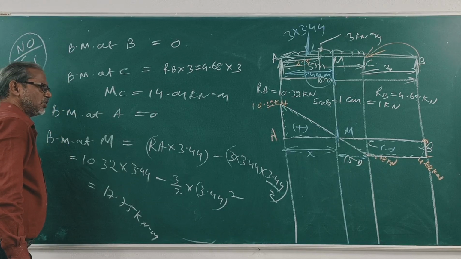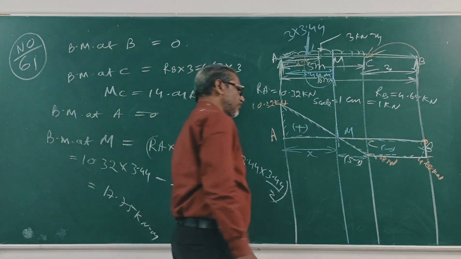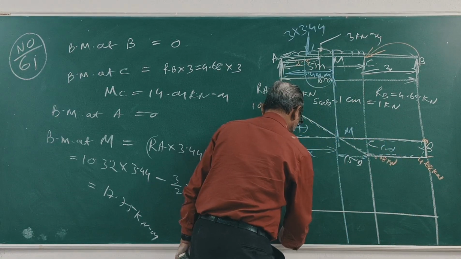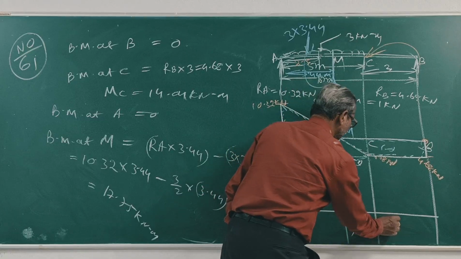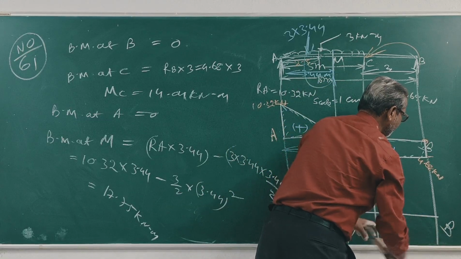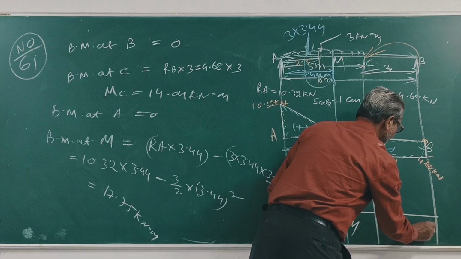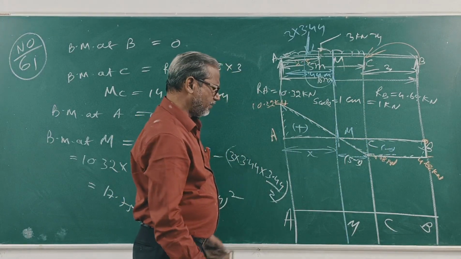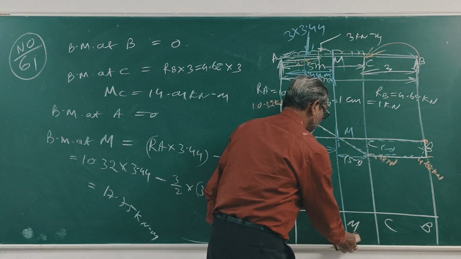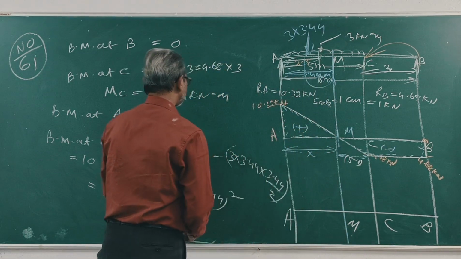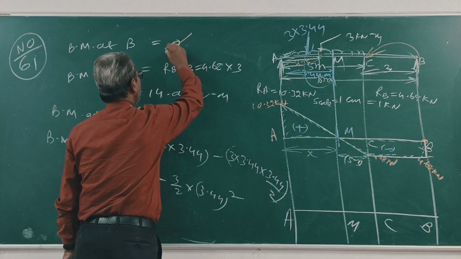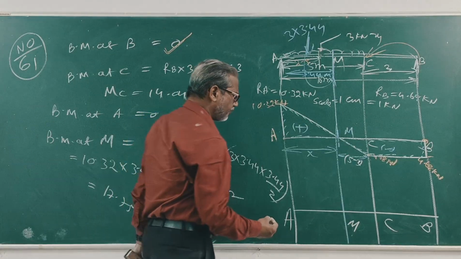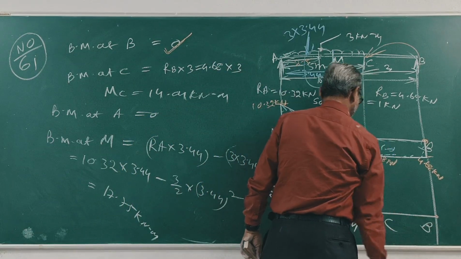Now draw the diagram. A, M, C, B. Right? At B, 0.